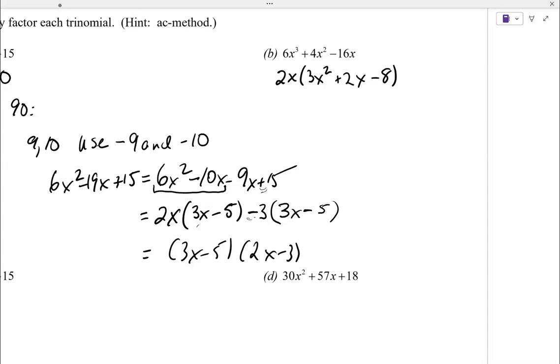All right, so now we've pulled out the 2x, so all we're interested in now is this piece. What do we do next? 3 times a negative 8, and look for those factors, right? So we'll do that off to the side here. 3 times negative 8 gives us negative 24.